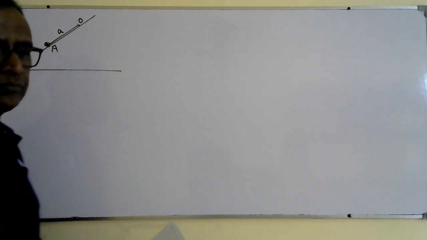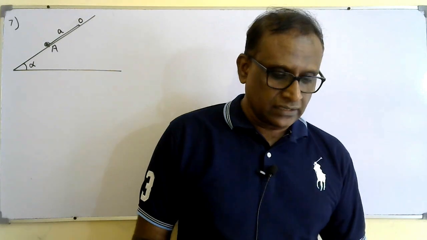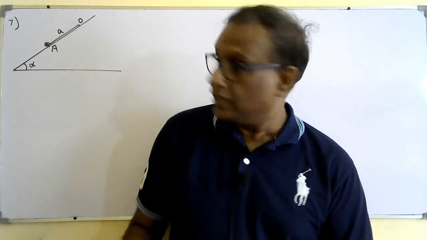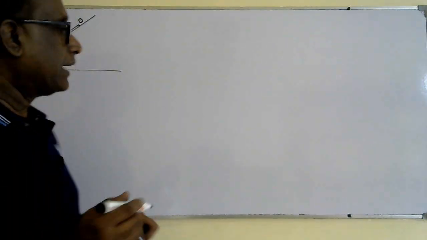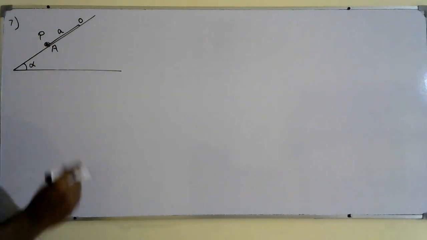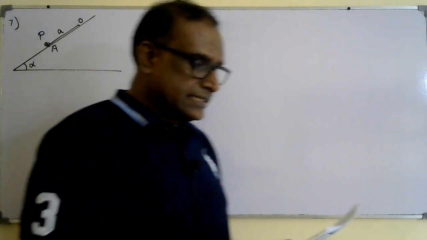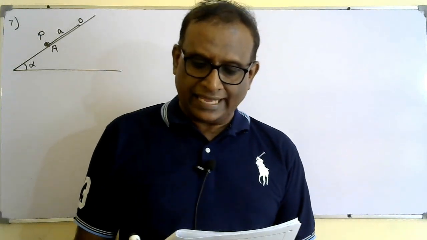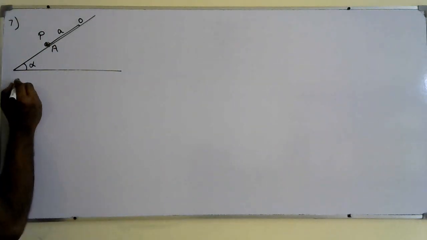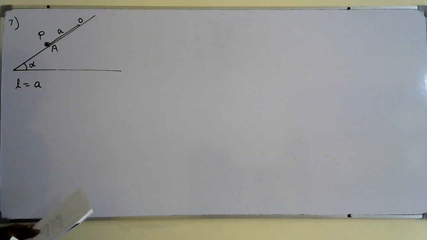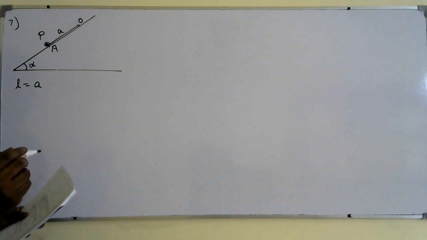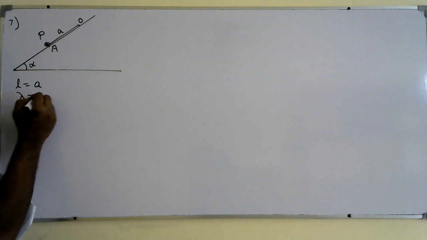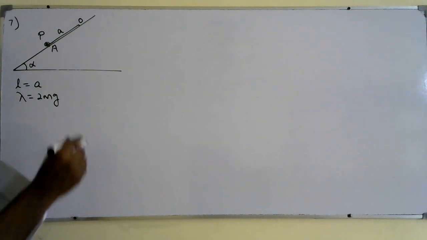Okay, question number 7. This diagram is given. A particle P of mass m is attached to one end of a light elastic string of natural length a, so the natural length L equals a, and modulus of elasticity lambda equal to mg.